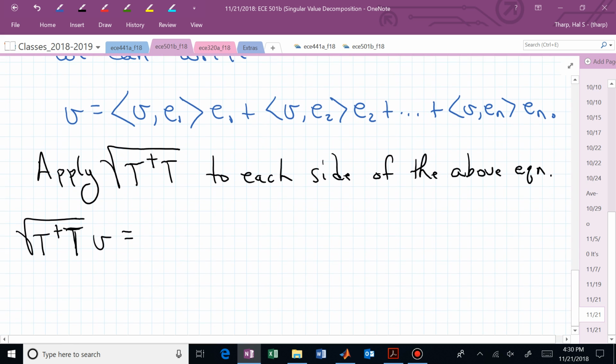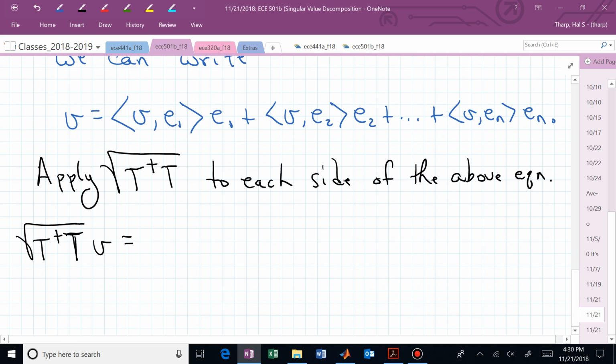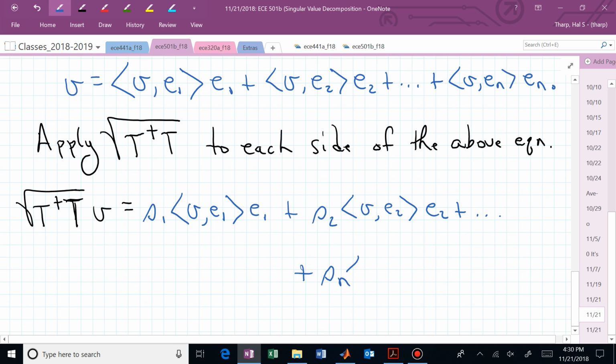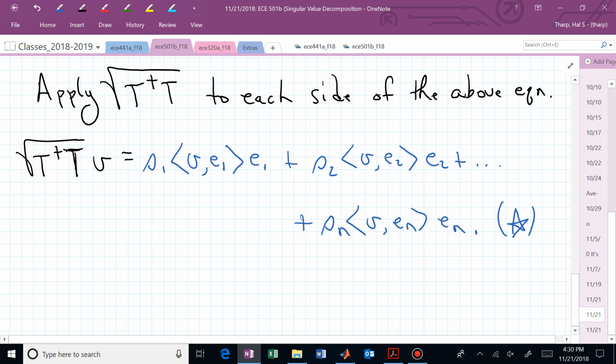So if I now operate the square root of T dagger T on E1, remember the inner product of v with E1 is a scalar, so that now I can actually write that as S1 inner product of v, E1 times E1 plus S sub 2 inner product of v, E2 times E2, etc., all the way to S sub n inner product of v, En times En. Let me call that equation star. That's an important equation that we will refer to later.